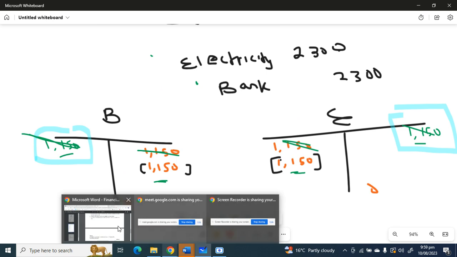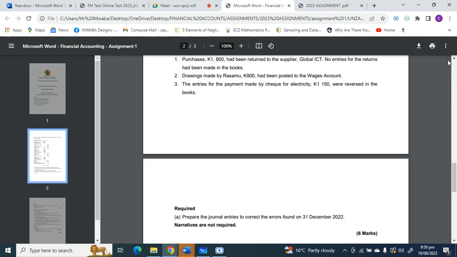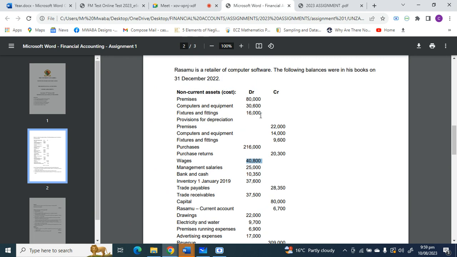So let's see what happens to the electricity and the bank accounts. There's the electricity and water account, which is here: electricity and water, 9,700.